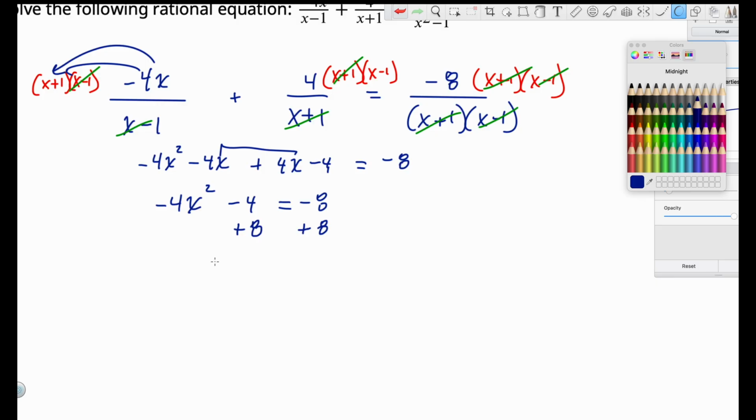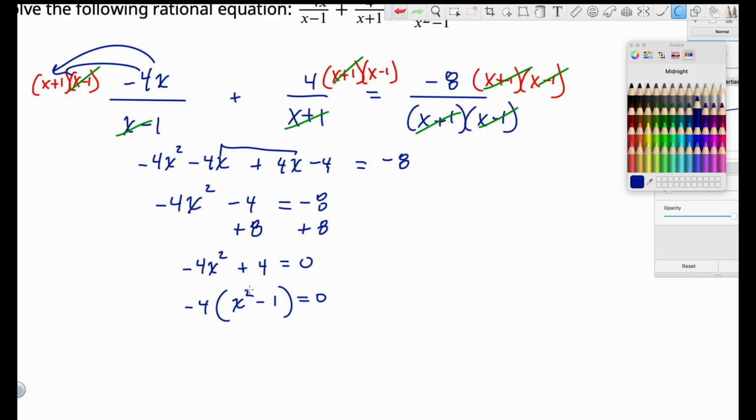So now we got negative 4x squared plus 4 equals 0. And so just an x squared term here. So let's think about GCF here, greatest common factor. Let's take out a negative 4. And that leaves us with x squared minus 1.